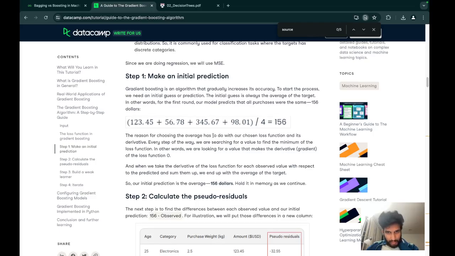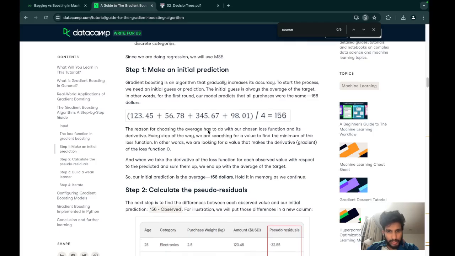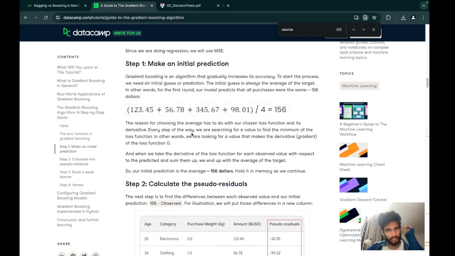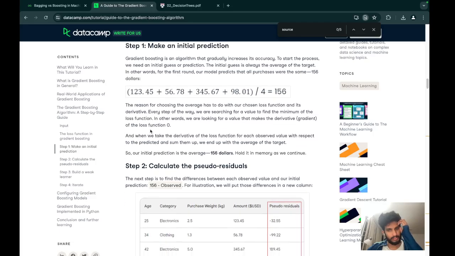The reason for choosing the average is, for the first round, our models predict that purchases are all the same. Choosing the average fits with the chosen loss function and its derivative.